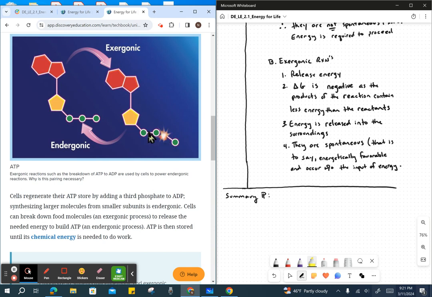They're all connected by chemical bonds. You can break those, releasing tremendous amounts of energy, and you can reattach them, which is an endergonic process. You have to input energy to attach phosphates together. So they go and just show you that as well.